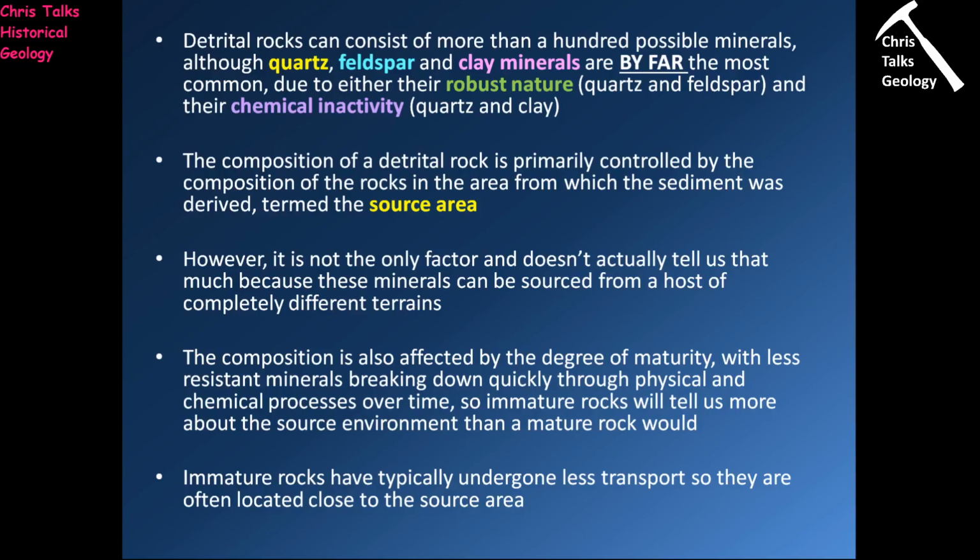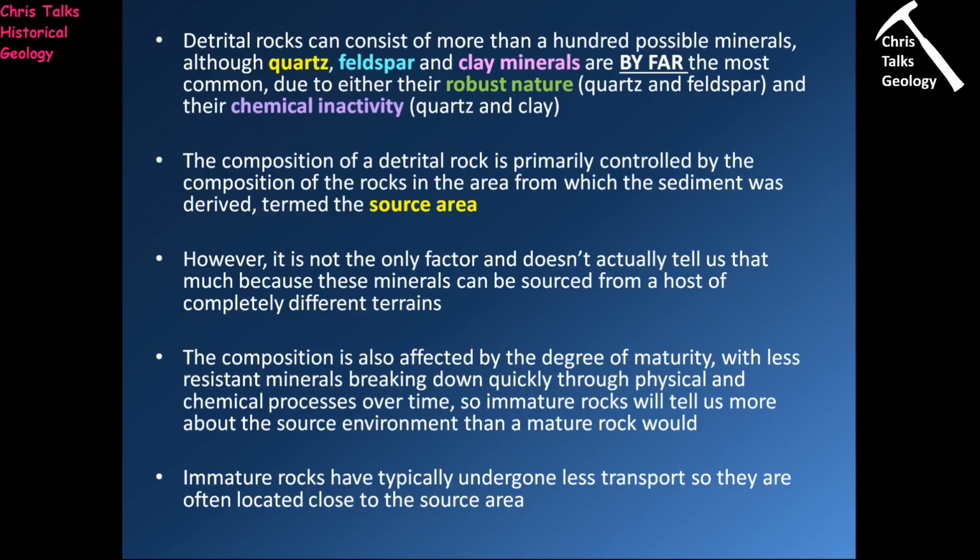This will produce chemical reactions that over time will destroy minerals. And so if your mineral is chemically inert or pretty inactive, like quartz, it will just sit in the system and it won't get destroyed, whereas other minerals will slowly break down over time. So once again, that's going to encourage your sediment to become more and more rich in chemically inactive minerals. So over time, your sediments will become more physically mature and they'll become more chemically mature as well.